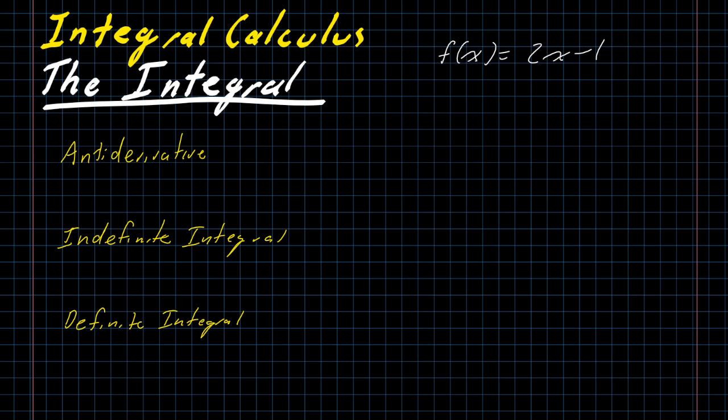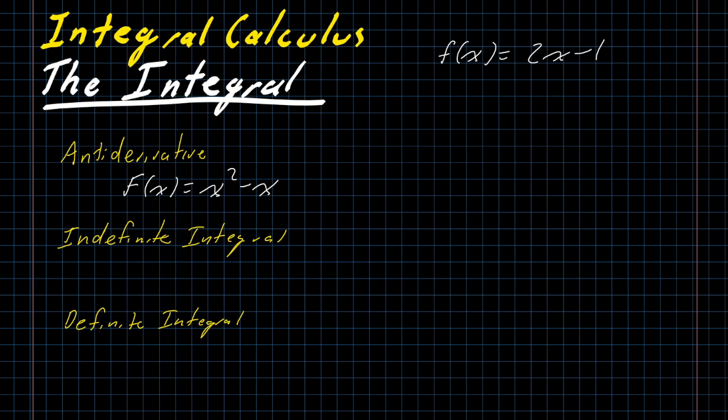All right, the antiderivative, the indefinite integral, and the definite integral are all things that we can determine based on this function. An antiderivative is any one function whose derivative is the original function. So for example, capital F of x equals x squared minus x. If you differentiate x squared minus x, you will be arriving at 2x minus 1.